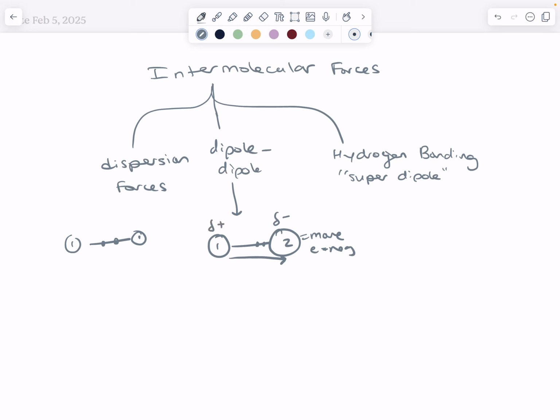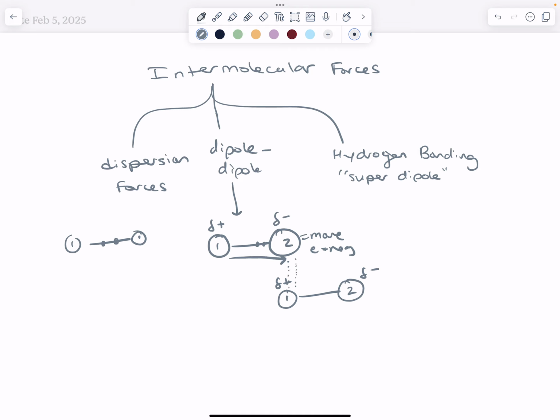If there's another molecule that has this same distribution of atom 1 and atom 2, the partial positive on this side and the partial negative on this side will be drawn to one another.